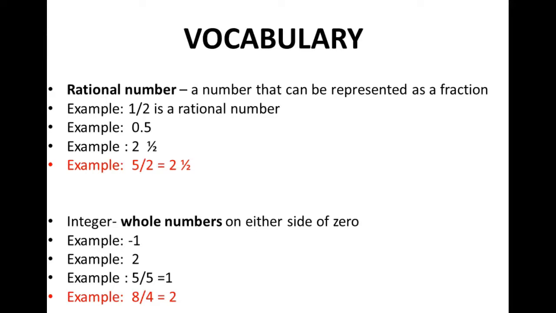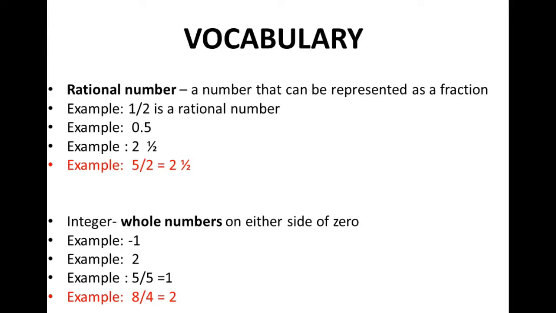Integers. There are whole numbers on either side of 0 that includes positive and negative numbers. Examples are -1, +2, 5/5, which equals 1, and 8/4, which equals 2. Notice 8/4. Yesterday you may have seen this example in the video.